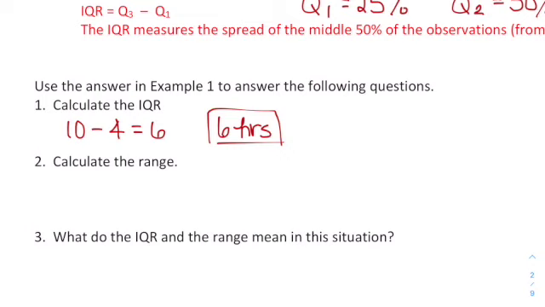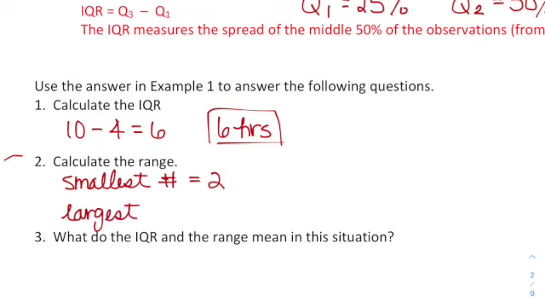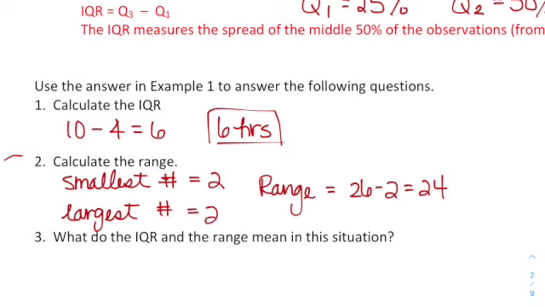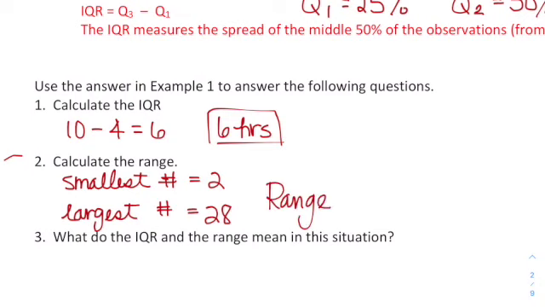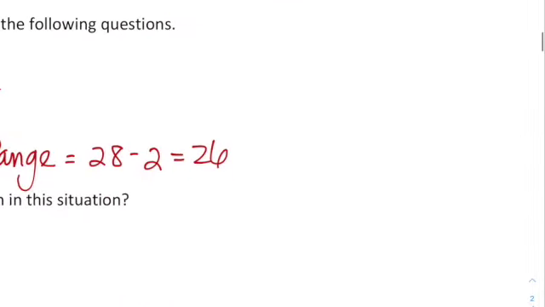So let's write that down. The largest number is 28, so the range is equal to 28 minus 2 equals 26. So 26 hours is the range.